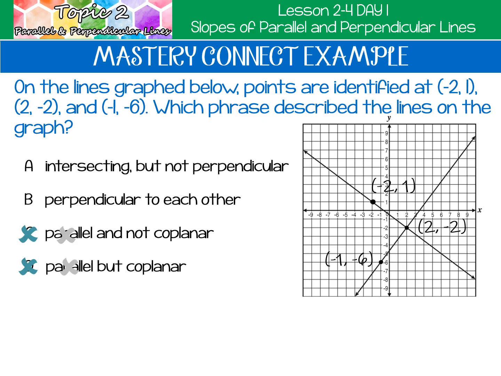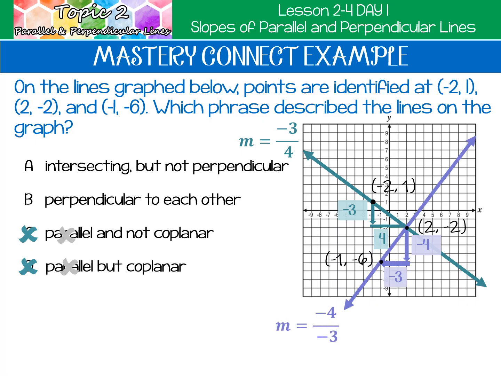We have to figure out if they're perpendicular or not, because that's the difference between A and B. So let's look at slopes. Down 3 over 4, so the slope of that line is -3/4. Let's do the other one. Down 4, left 3, so that's -4 over -3, which is 4/3. They are perpendicular. They're negative reciprocals of each other. That is B.